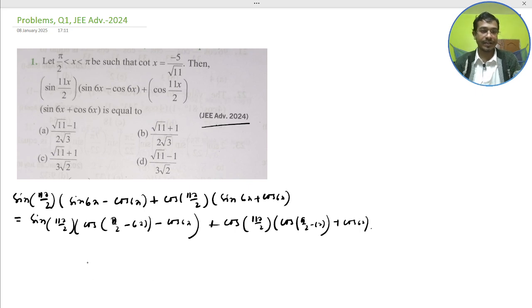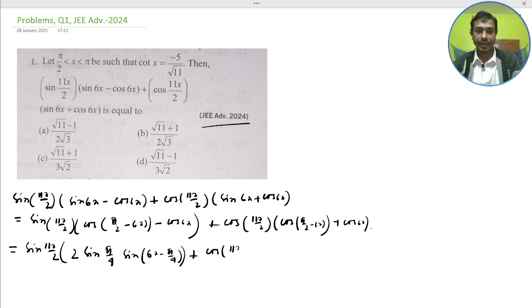Next I apply here the two formulas, cos A plus cos B and cos A minus cos B. So after applying, it would become sin 11x by 2 times twice cos of (A plus B) by 2 into cos of (A minus B) by 2. So twice sin pi by 4 into sin of (6x minus pi by 4), plus cos 11x by 2 into twice cos, just apply the formula, so cos of (6x minus pi by 4).